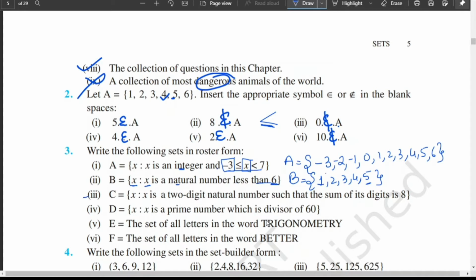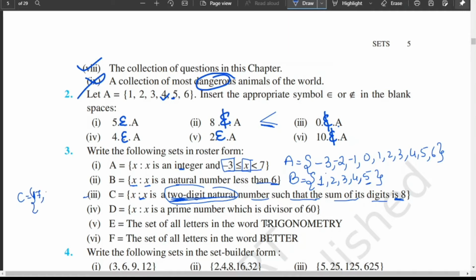Next, C here is X. C equals a 2-digit natural number such that the sum of its digits is 8. That means it is a 2-digit natural number. Do understand the question here. X is such that it is a 2-digit natural number. So I'll start with 1 plus 7, 17, it will become 8.